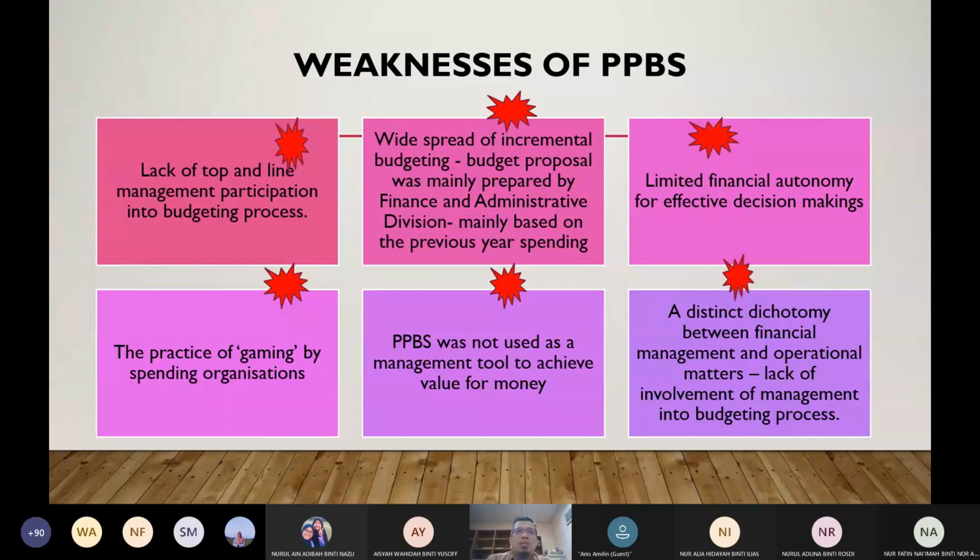Sometimes there were hardly any accountants in professional positions in government agencies at that time. I think even until now, the need for accountants should always be the priority of the AG.